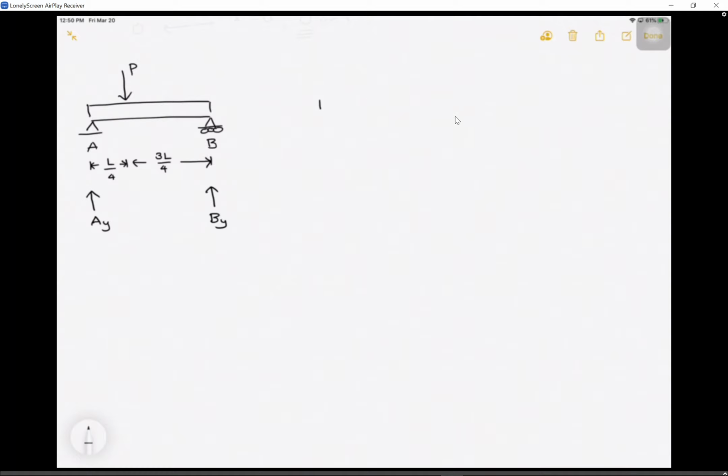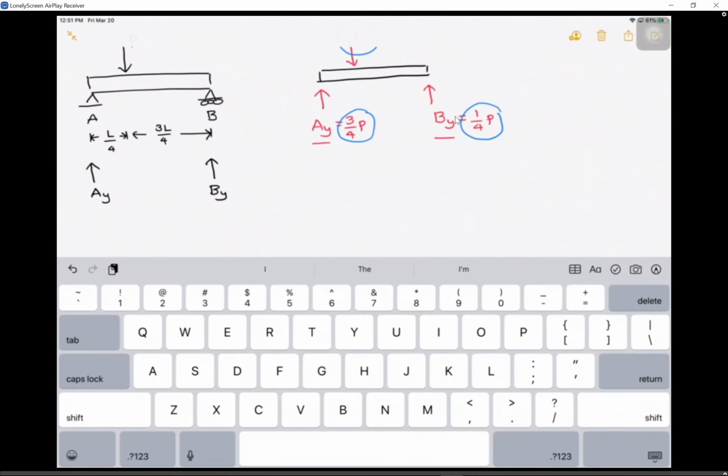So this is our beam, and we have AY, BY, then we have our P. Now, if you calculate your AY and BY in terms of P, eventually what you will get is AY is equal to 3 over 4 P, and your BY would be equal to 1 over 4 P. Now you have all three different forces here, so 3 over 4 P, 1 over 4 P, and then you have your P right there.